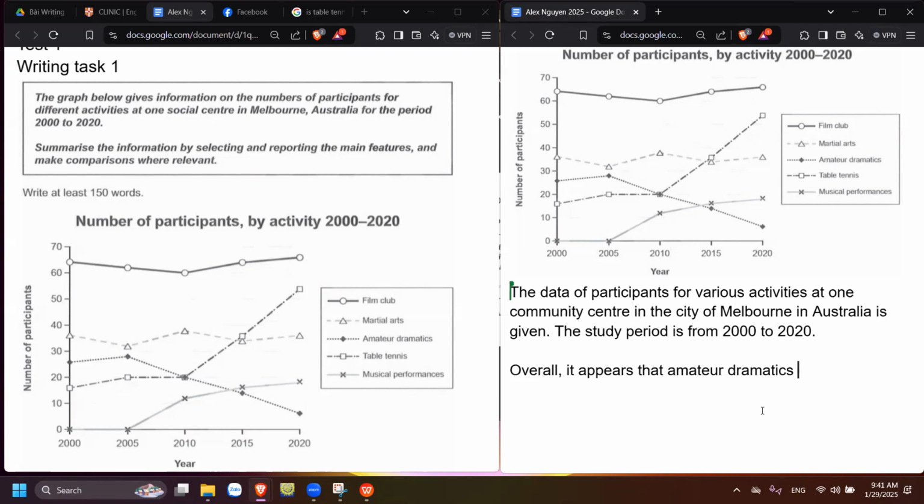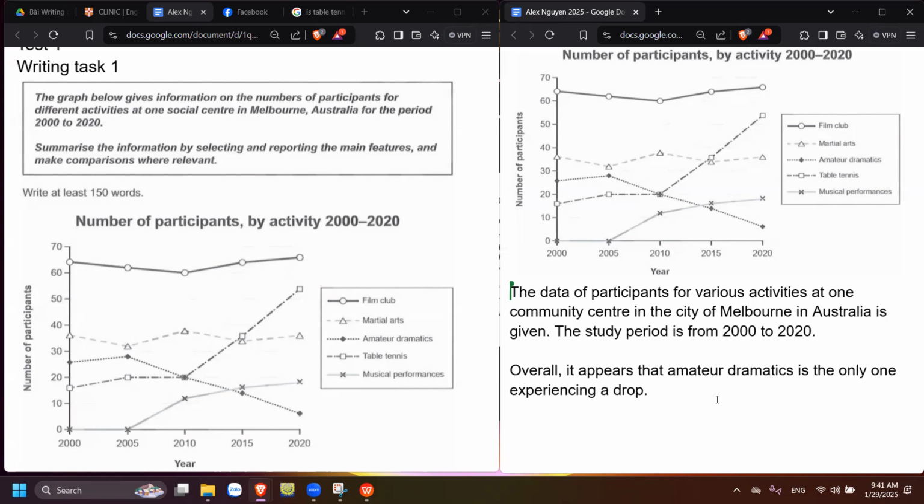Let's just say that it appeared that amateur dramatics is the only one experiencing a drop.